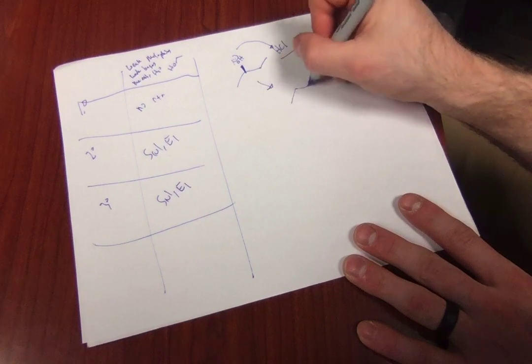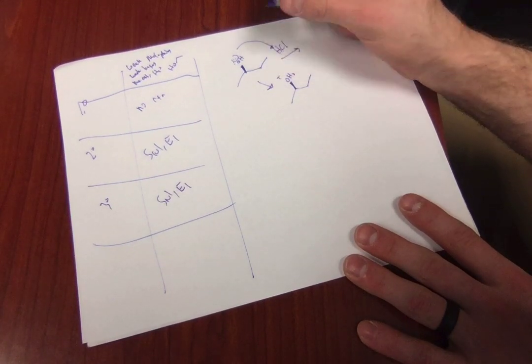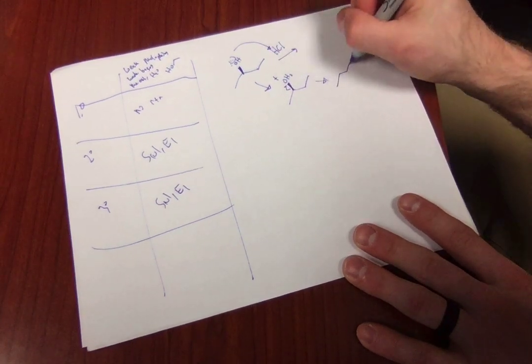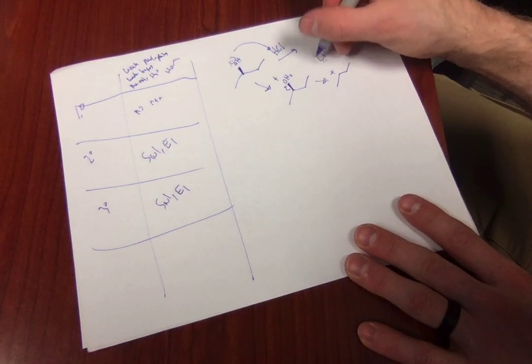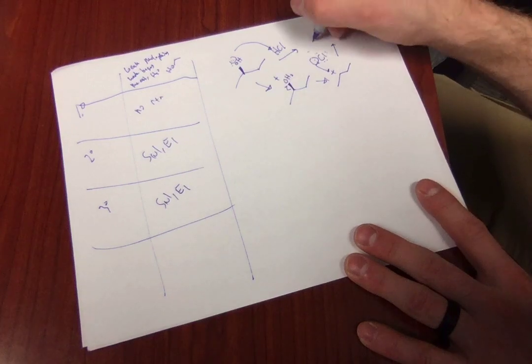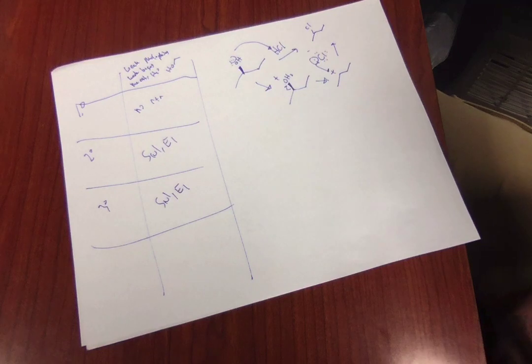If we make water here, this is actually a pretty good leaving group. So this could leave, giving us a plus here, Cl minus can come in and give us our product. They tend to get a little messy, they tend to rearrange, things like that.